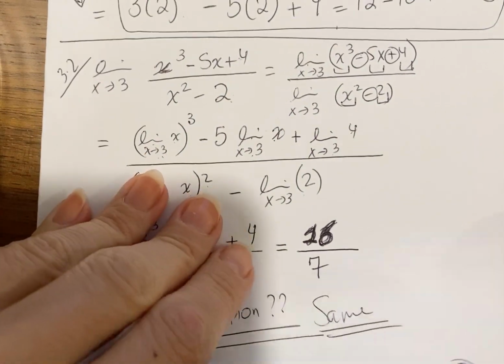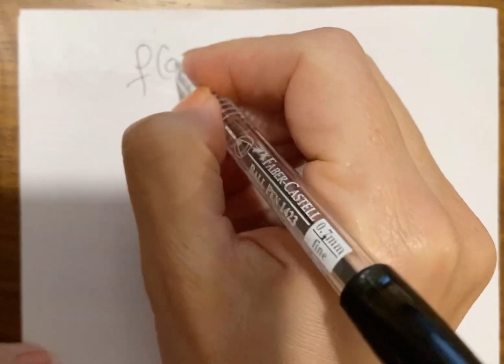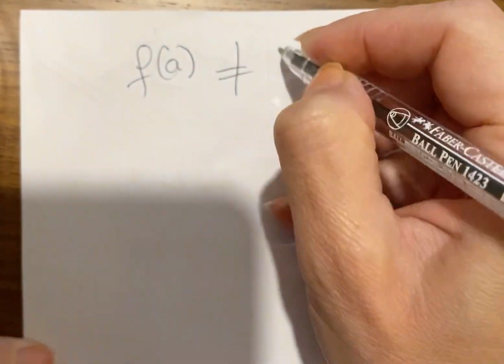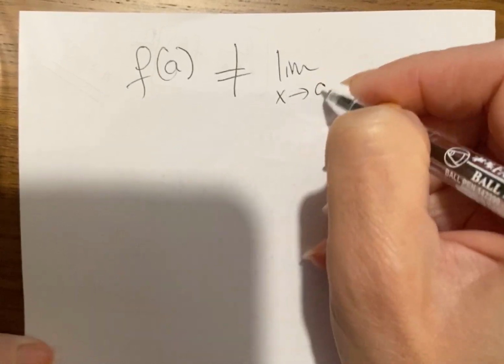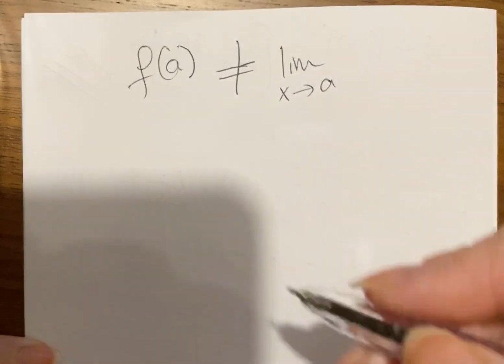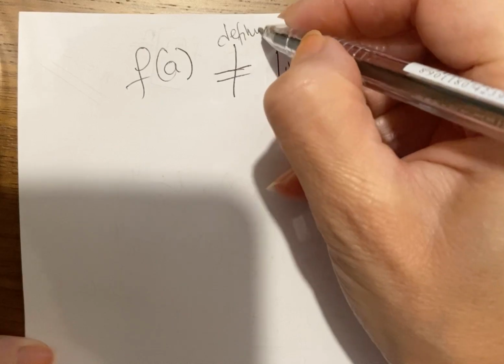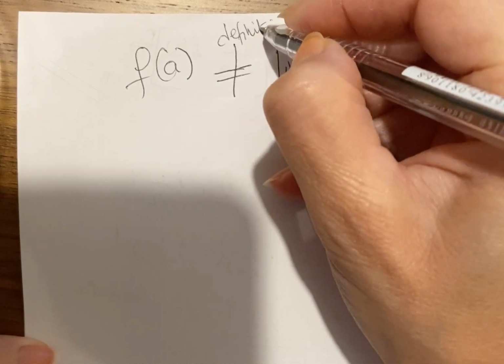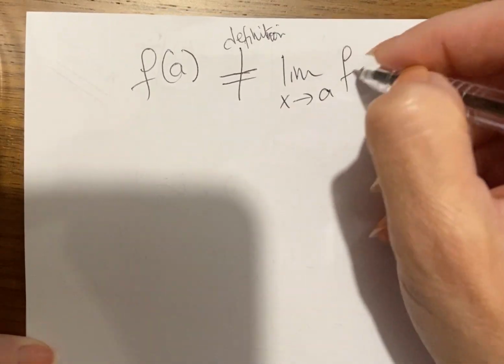I have spent the past 2 hours of your lives between yesterday and today trying to tell you that f at a is not the same in some cases as the limit, by definition, if you want. They are not the same. They could have the same value, but they are not the same.